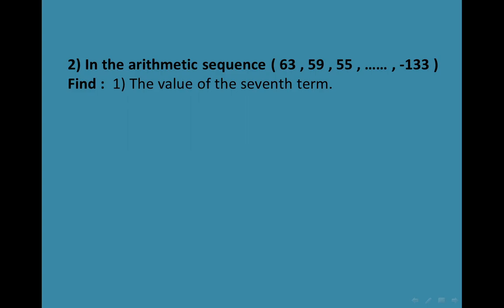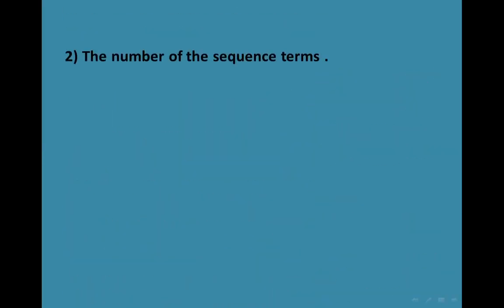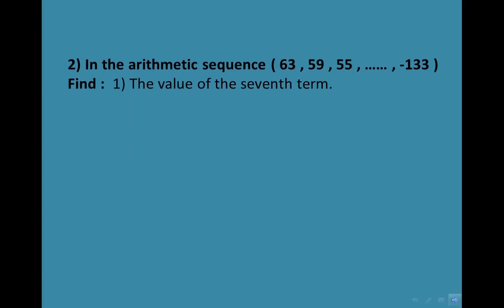This sequence is an arithmetic sequence where A equals 63 and the last term of this sequence equals negative 133. Take care, this sequence is called a finite sequence because its first term and its last term are defined.